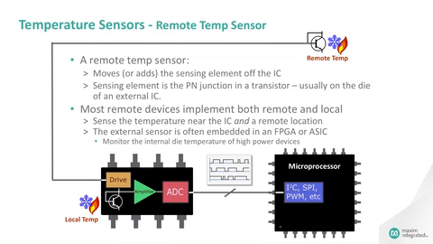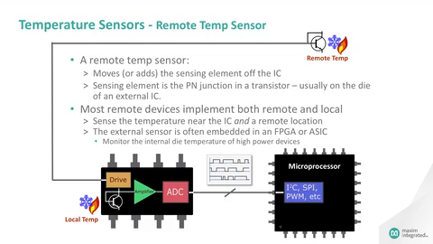A remote temperature sensor allows measurement of temperature using a transistor external to the temperature sensor IC. This transistor is most often integrated onto the die of an external chip, usually a microprocessor, an FPGA, or an ASIC. These devices often dissipate significant power that needs to be monitored in order to detect unacceptably high temperatures.